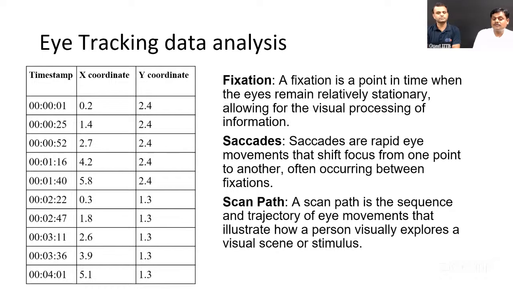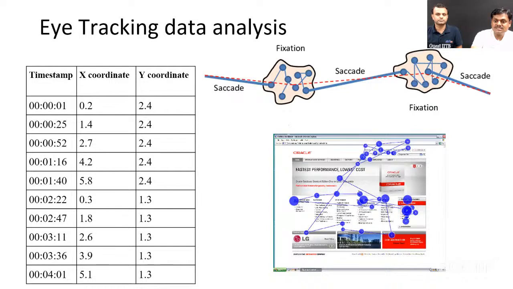A discrete action like one fixation, two fixations or three saccades will not give us very detailed information about the learner, but the total trajectory, which is a scan path in our case, gives us the detailed learner's behavior. We can see the learner was traveling from here to there, then went here, then came here. In a scan path, at different fixation points, they give numbers and duration also.